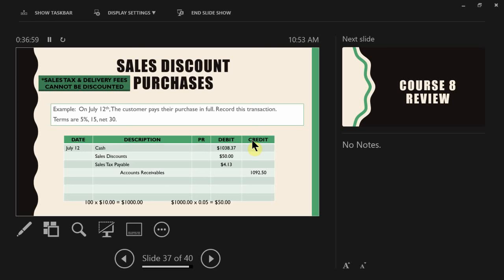And of course, he's going to pay me less than what he owes me because I'm discounting his total amount by $54.13. So whatever he owes me, $1,092.50, subtract $54.13, is going to yield me a payment of $1,038.37.